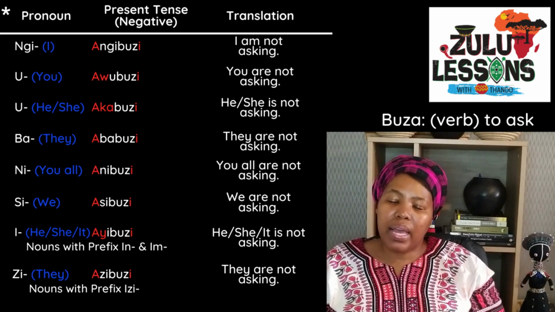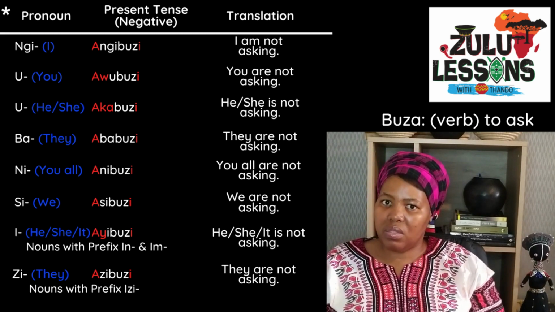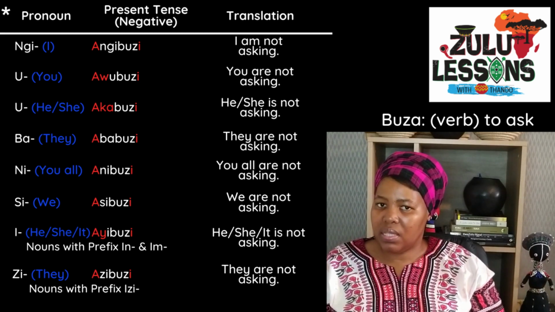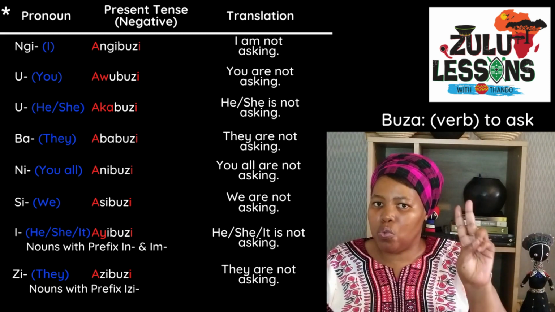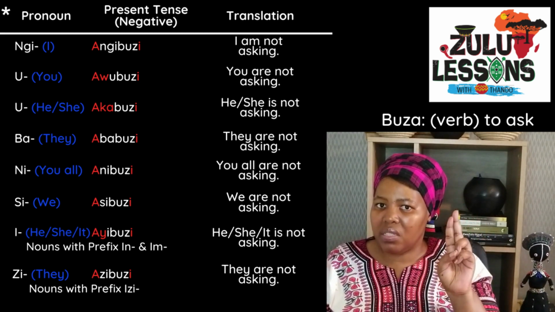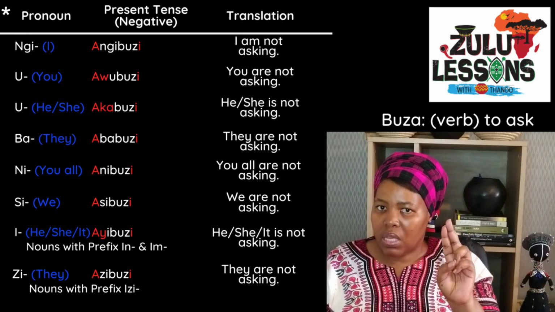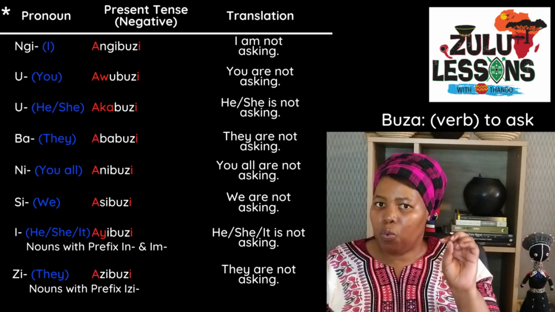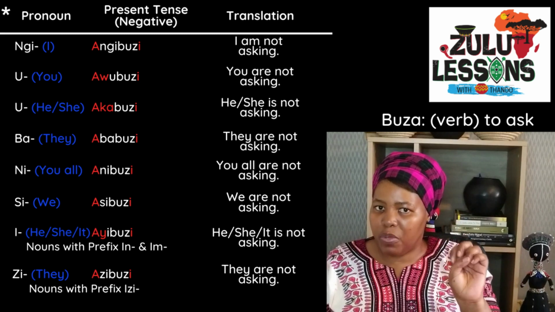And then ayibuzi. Those are nouns that are starting with in and im. So ayibuzi. Why do we have a Y? The same as when we had awubuzi. We can't have two vowels following each other in isiZulu. Either we blend the vowels, or in the case of verbs, we put in a consonant between them.